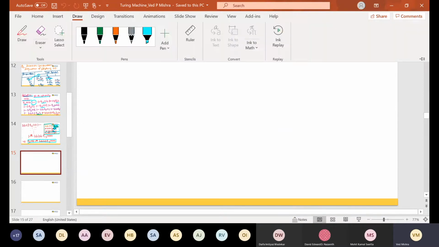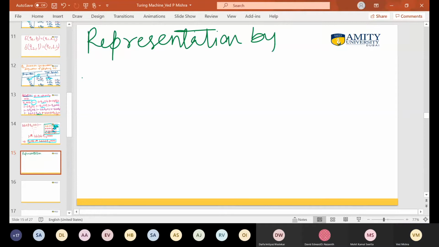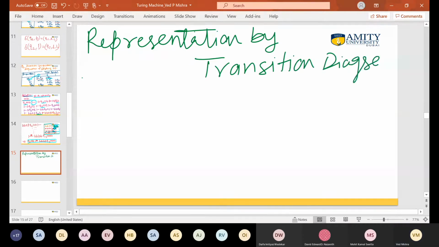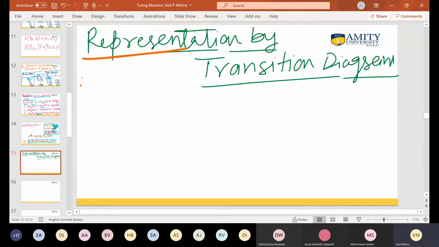So today we will do representation by transition diagram.